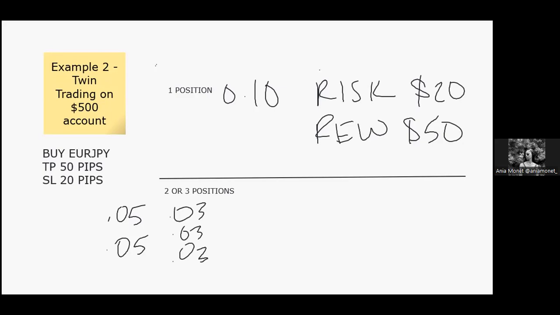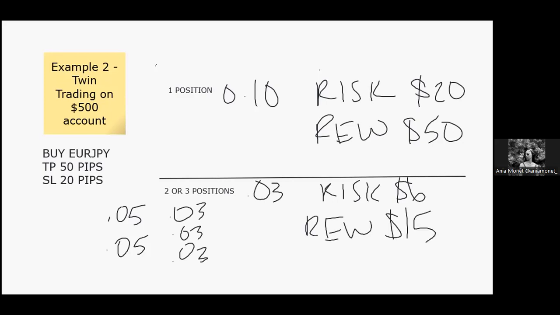Okay, so let's see what our risk and reward is for that 3 cent. My risk would be about $6. Yes, $6. My reward for that would be $15.